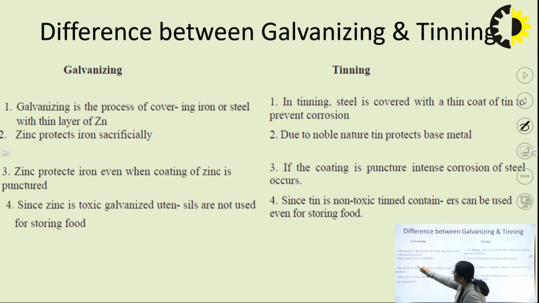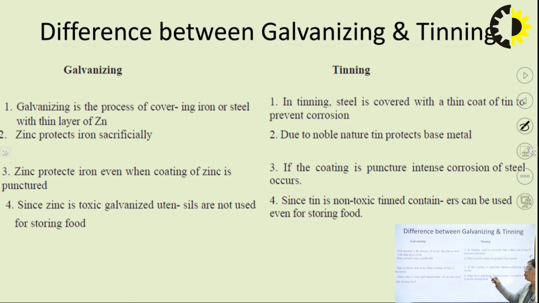The zinc is going to protect the iron sacrificially, but the tin protects our base metal because of its noble character, because it does not react very much with the environment. Next, the zinc protects iron even when the coating is broken down or punctured.